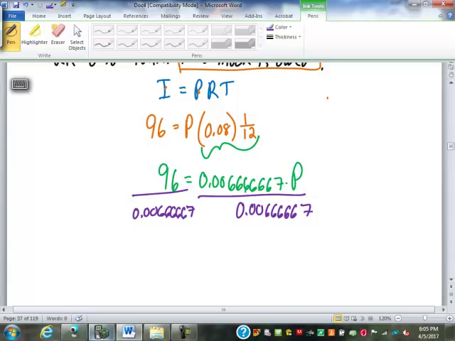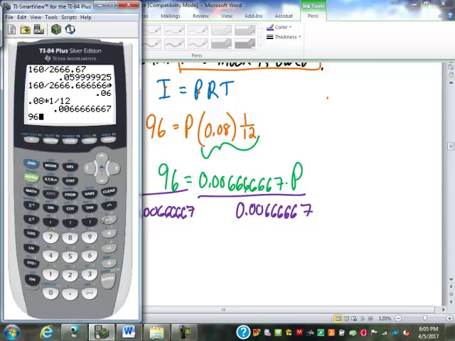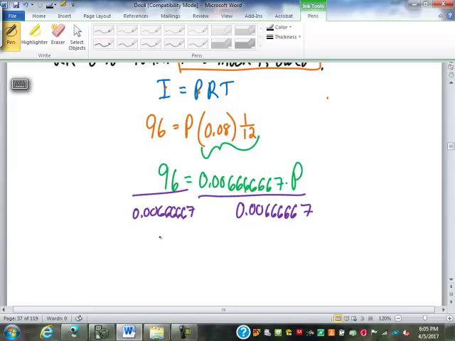So again, on my calculator, I'm just going to type in 96 divided by second answer. It gives me $14,400. So the principal was $14,400.